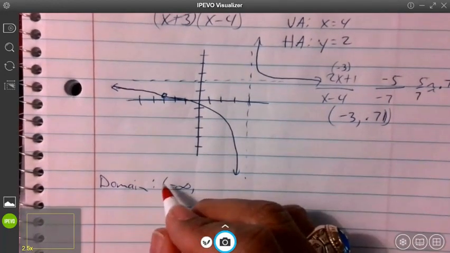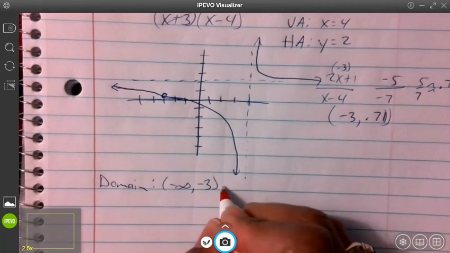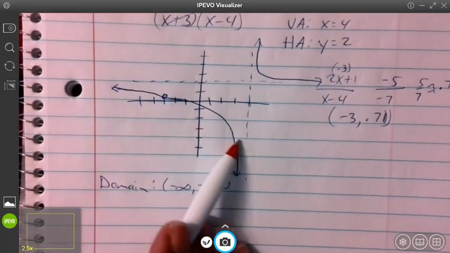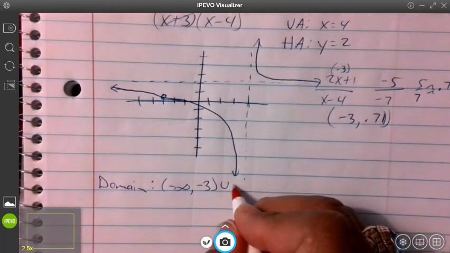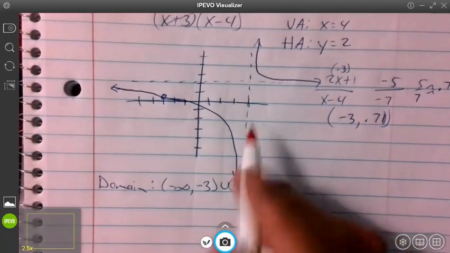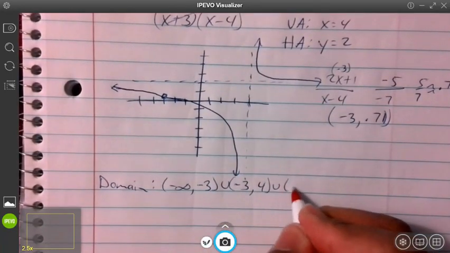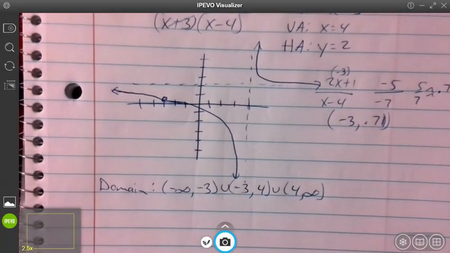Then it starts again from -3 to this vertical asymptote of 4, and then from this part here, from 4 to infinity.